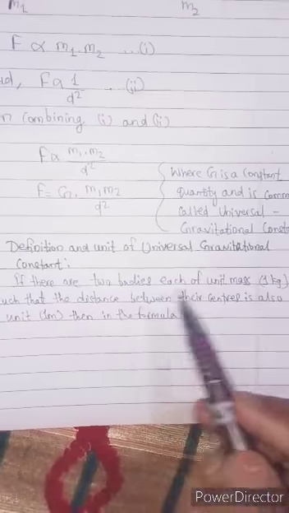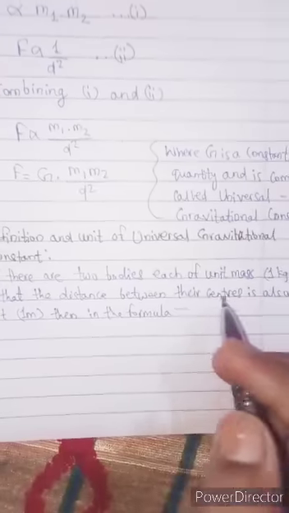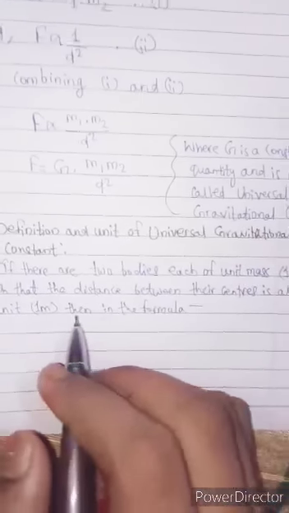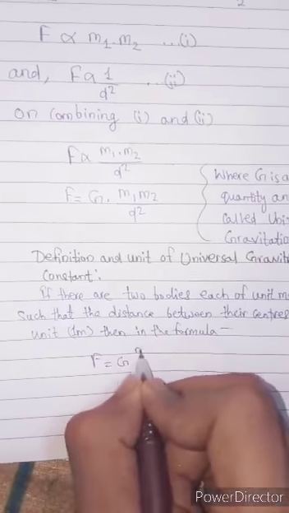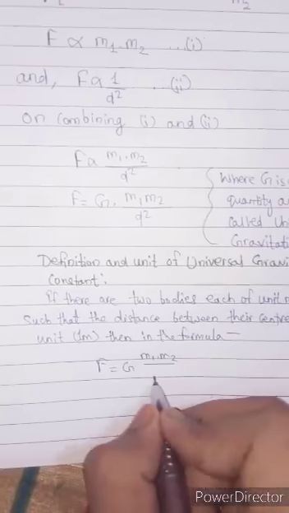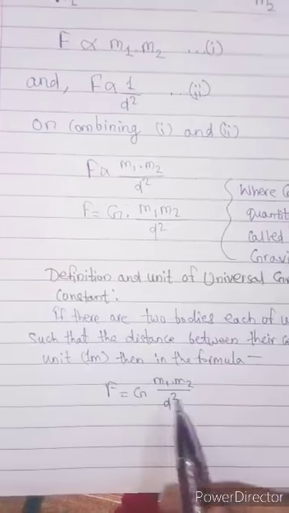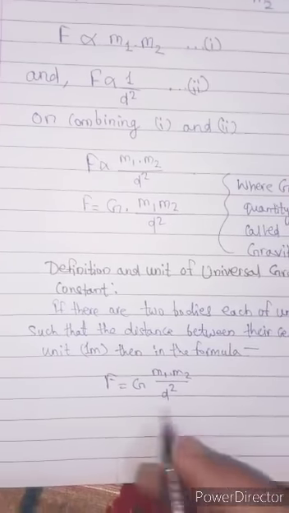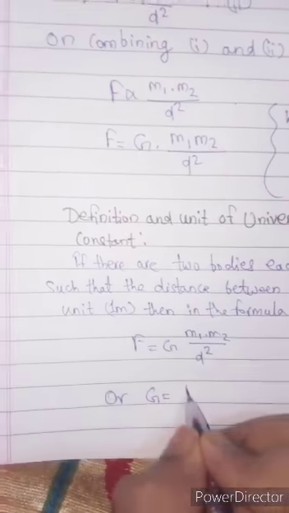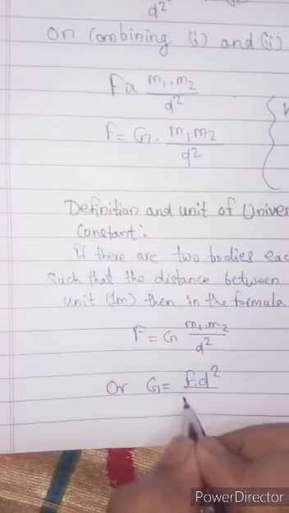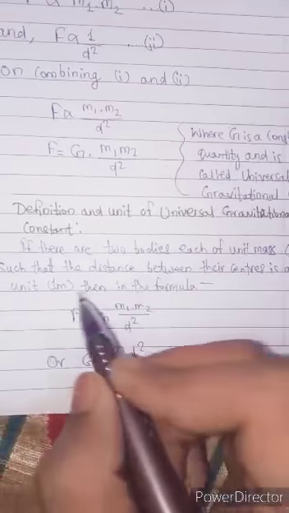If there are two bodies, each of unit mass 1 kg, such that the distance between their centers is also 1 meter, then in the formula F is equal to G multiplied by the product of the masses divided by d square, we take the masses as 1 kg and the distance as 1 meter.